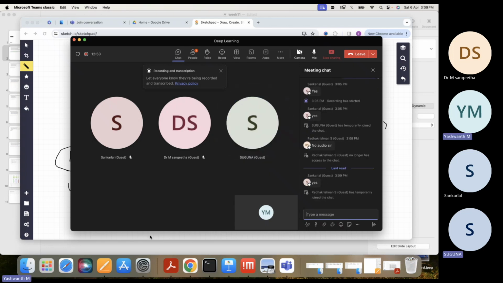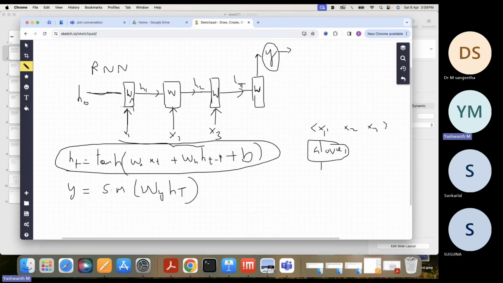Okay. So what I was saying is the same. This architecture is used for many to one applications, and RNN can be used wherever there is sequence data.